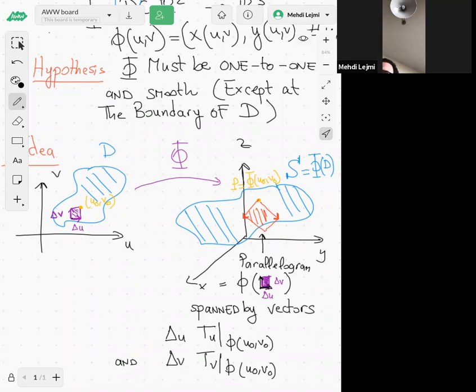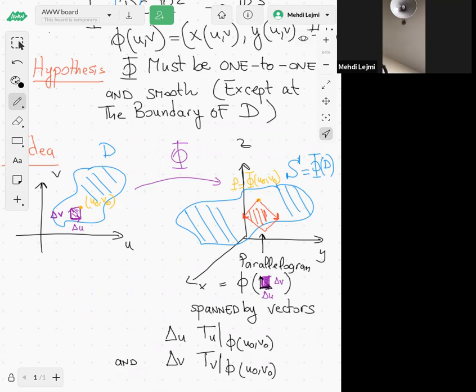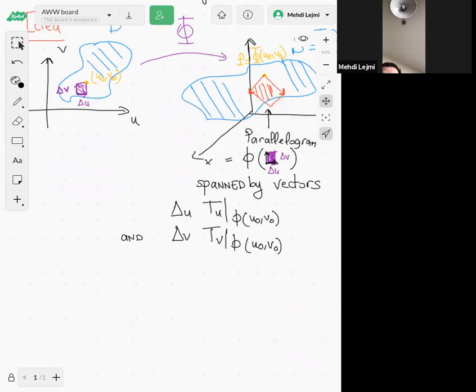Now you want to approximate the area of this small parallelogram here. Remember, if you have a parallelogram spanned by two vectors, let's say vector u and vector v, then the area of the parallelogram is just the magnitude of u cross v, right?